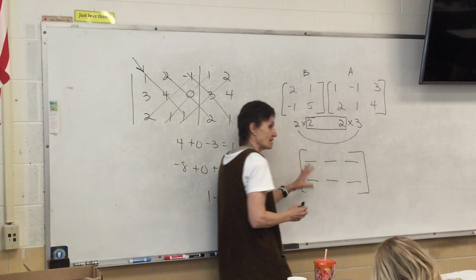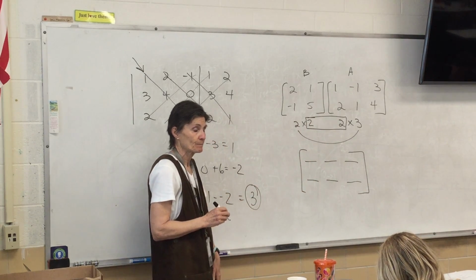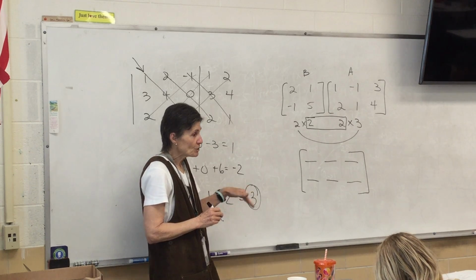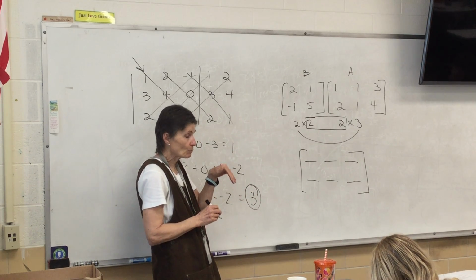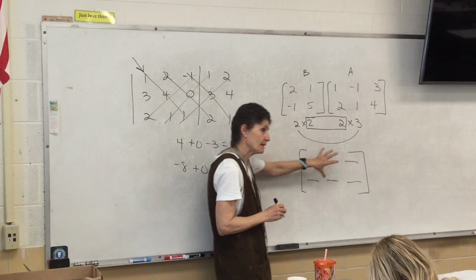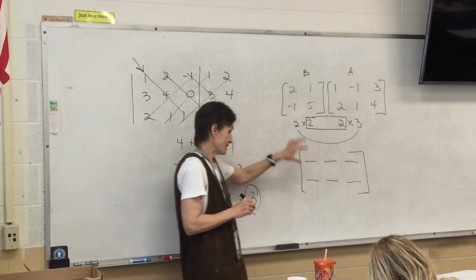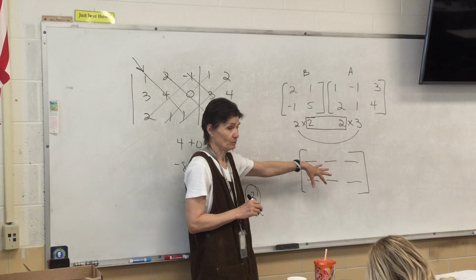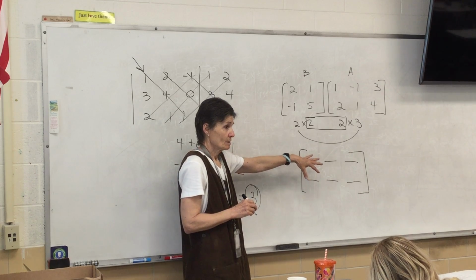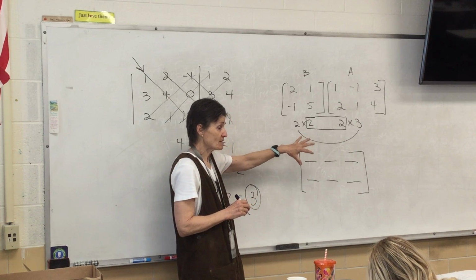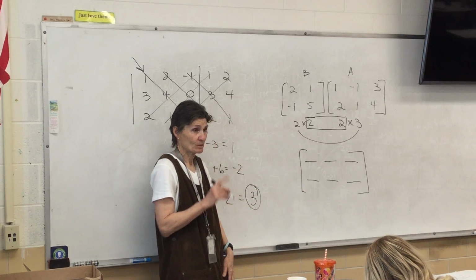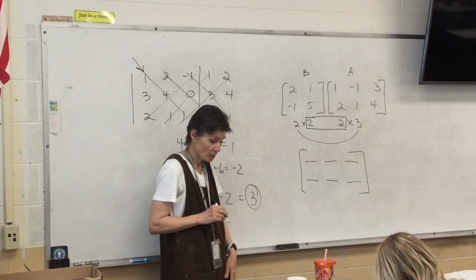So this is what my answer is going to look like. Now I want you to see if you and your partner can remember how to fill in these blanks. Because this is a problem that's missed a lot too. How do we fill in these blanks? Think about that for a second. You and your partner figure it out and then we'll check our answers.